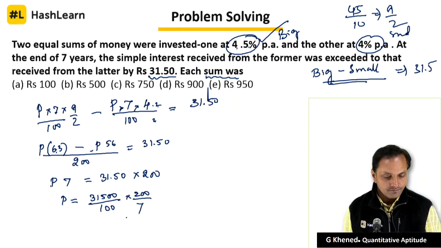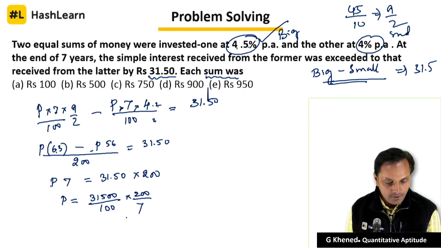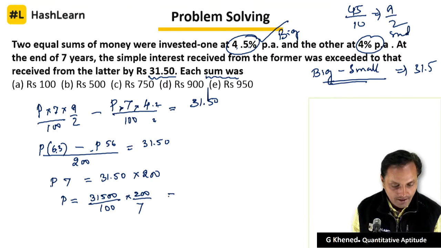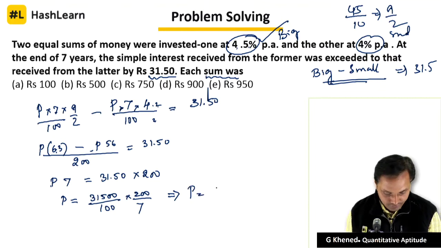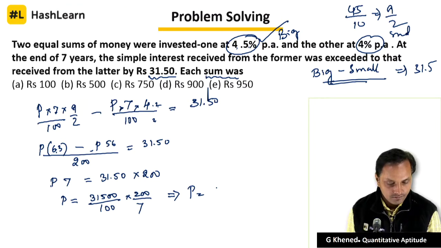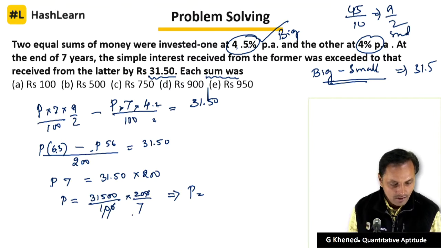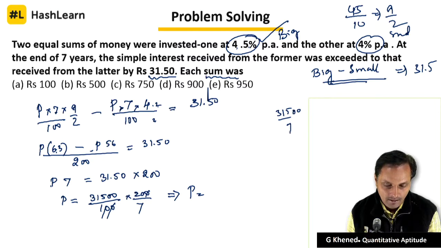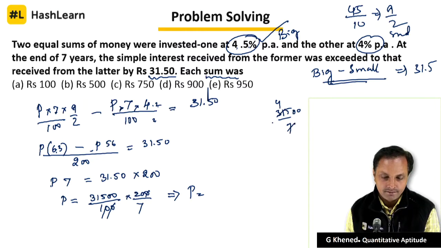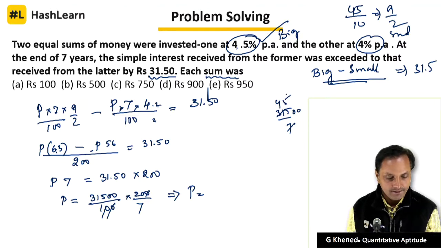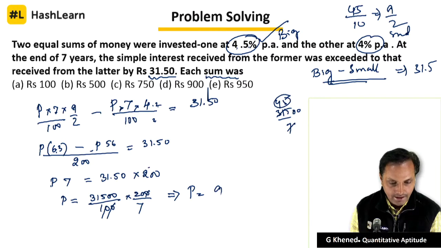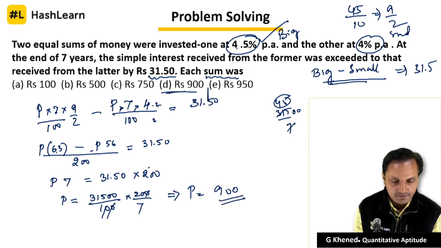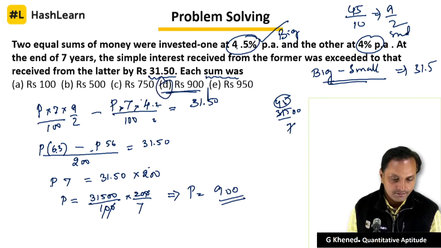So if you cancel, what will P be equal to? You can cancel this 2 with this 2. So 315, let me check whether it goes in 7. 7 4s are 28, 7 5s are 35, so 45 into 2 is 90. Yes, there is an option, and D is the answer.